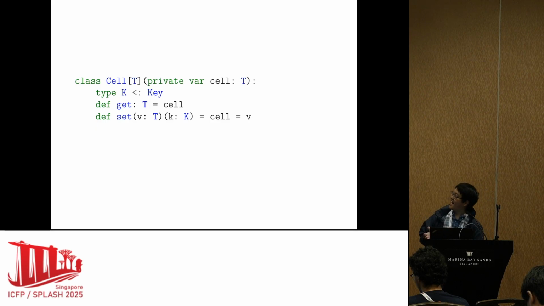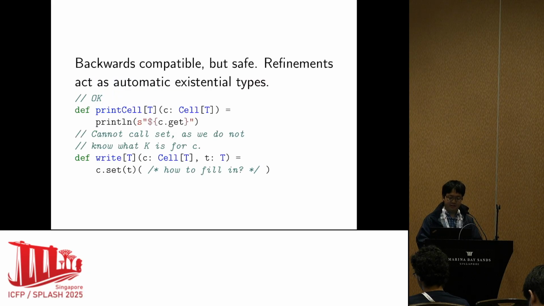So I can hide the capability type in the cell, making it not part of its type signature, and exploit that to have nice backward compatibility with code that reads from cells but doesn't write to them. Code like print cell, which just prints the value in a cell, can call c.get without worrying about what key it has, but you can't write functions like write that write to any cell, because they don't have the appropriate knowledge of what key opens that cell.